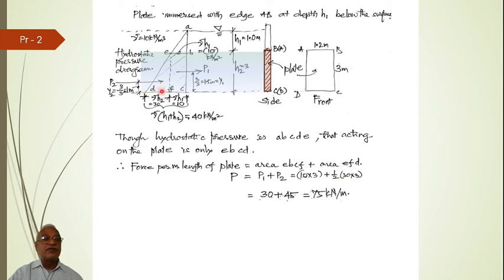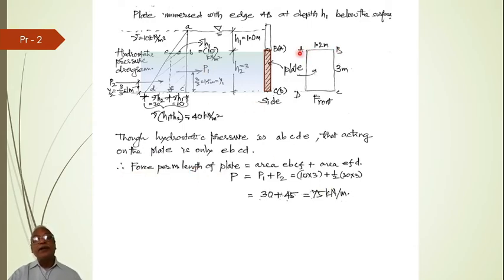Base is 30, so 30 into 3 divided by 2 becomes 45. This is 30, so it becomes 75. So this is 75 kilonewton per meter length. This is force per meter length.